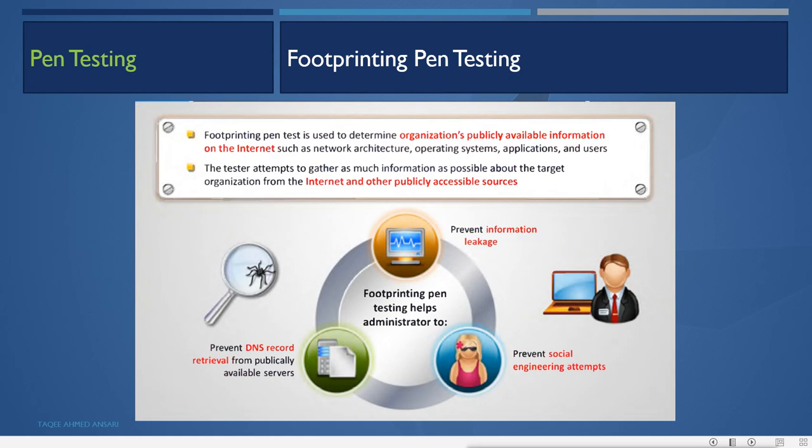So in this phase, the ethical hacker's job is to find the information available in publicly available sources like the internet. It will allow the organization to prevent information leakage, prevent social engineering attempts, and prevent DNS record retrieval from publicly available servers.